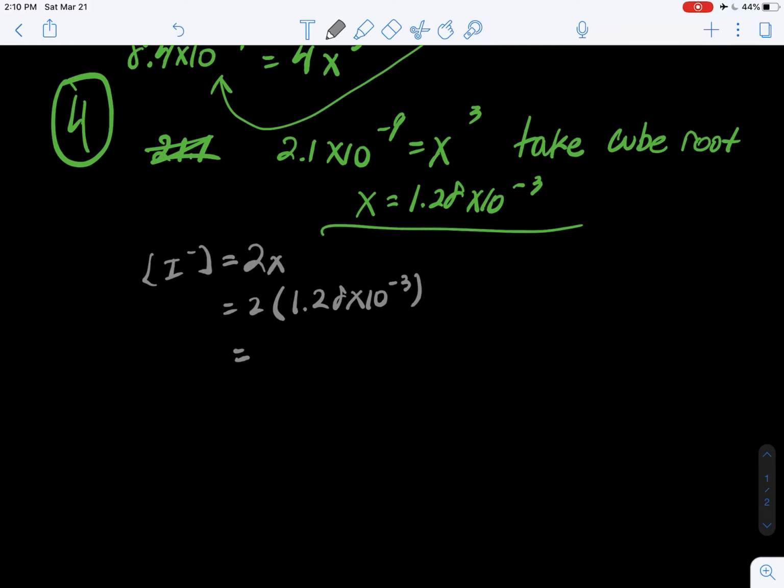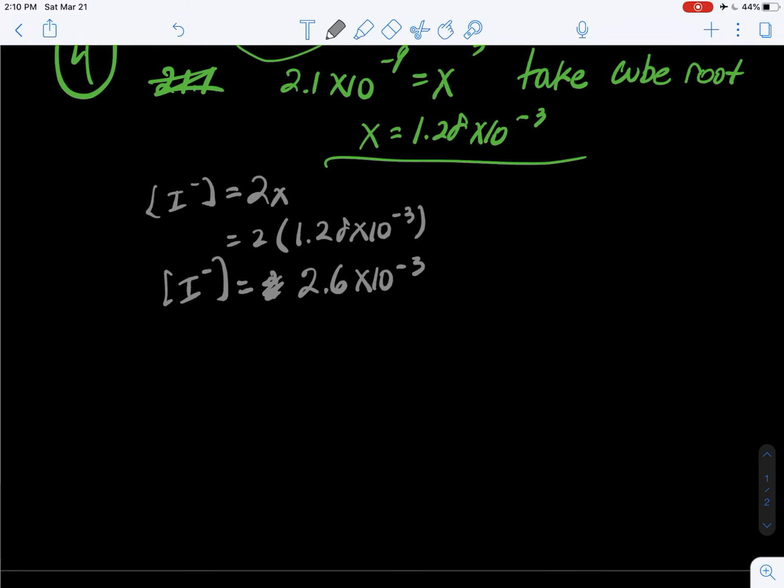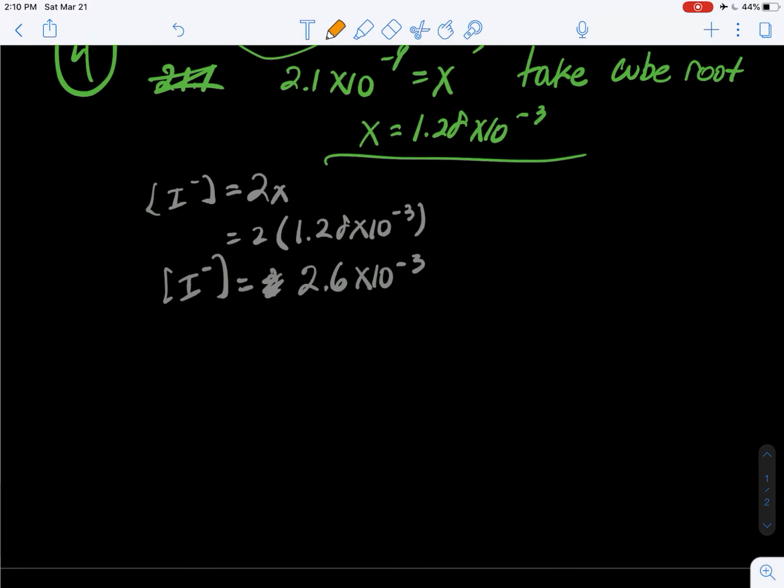And that's going to be 2.56 or so. I'll round this off now to a final answer. 2.6 times 10 to the minus 3. Okay? And this is the concentration of iodide in units of moles per liter or molarity. Okay? Let's do another practice problem.